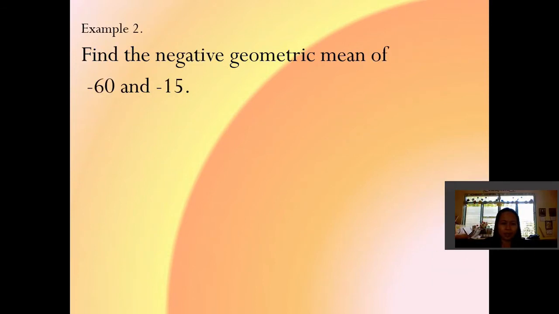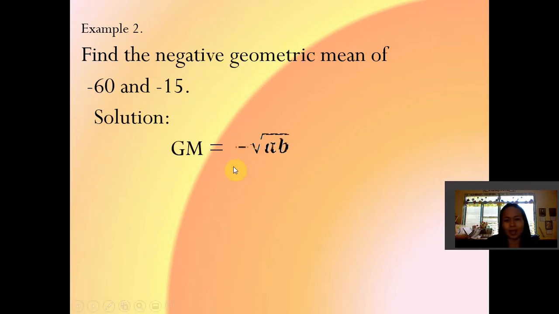Okay, so we have example number 2. Find the negative geometric mean of negative 60 and negative 15. Take note, we are going to find the negative geometric mean. So we have the negative square root of A times B. It's negative here since we're talking about the negative geometric mean.